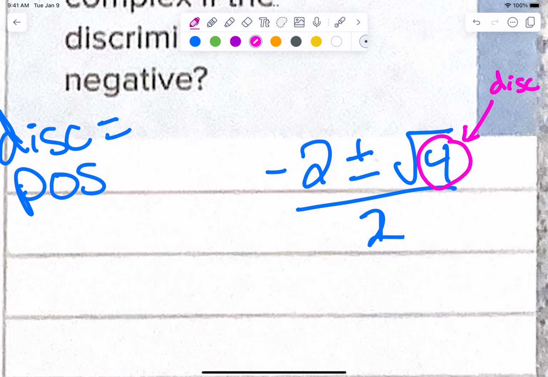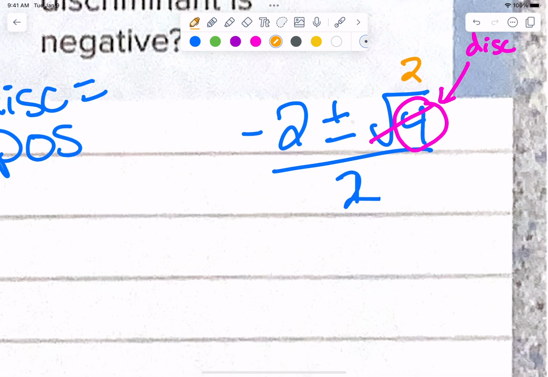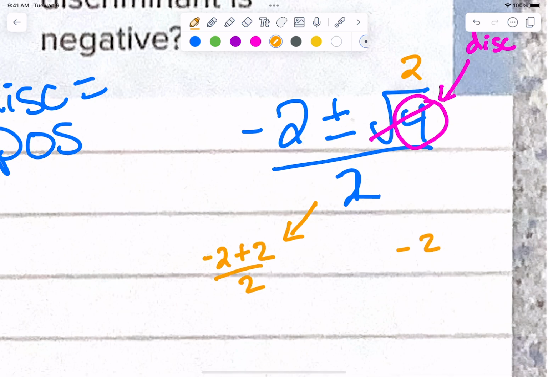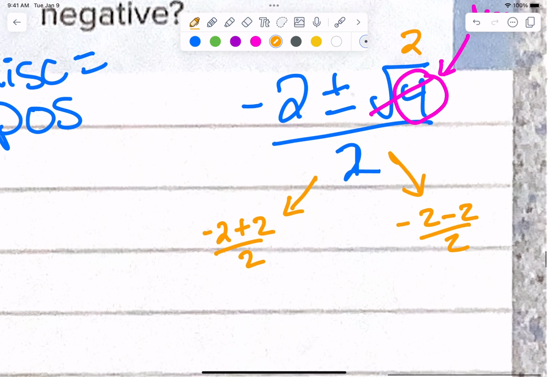We need to figure out how many answers you're going to have, right? What is the square root of 4? 2. And then we will have -2 plus 2 over 2, and we will have -2 minus 2 over 2, right? That's what will happen. -2 plus 2 is 0.